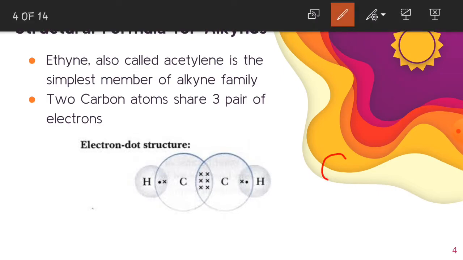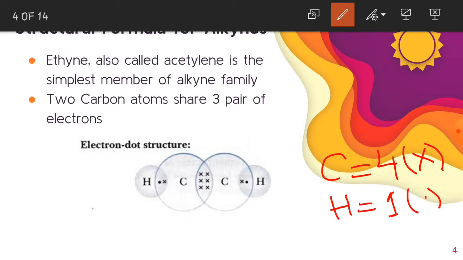The carbon atom, as we know, forms 4 bonds and hydrogen atom forms 1 bond. In this diagram, the electrons of carbons are represented by cross and the electrons of hydrogens are represented by dot.